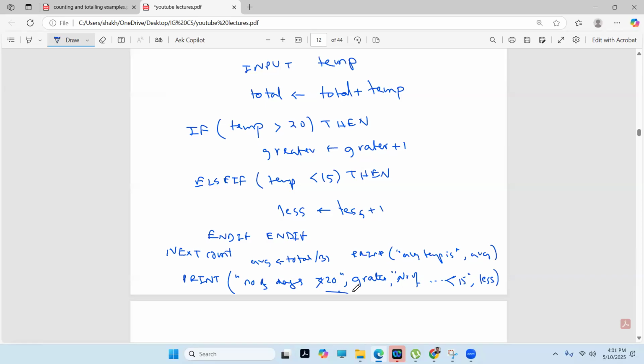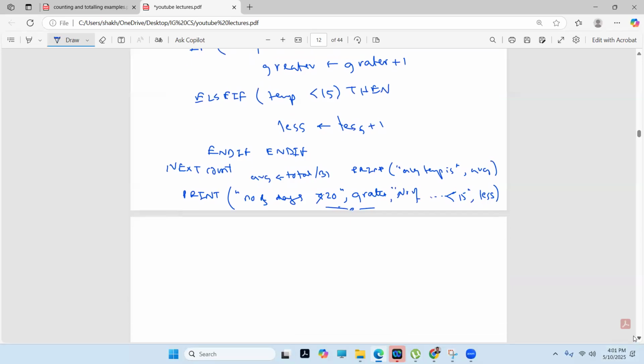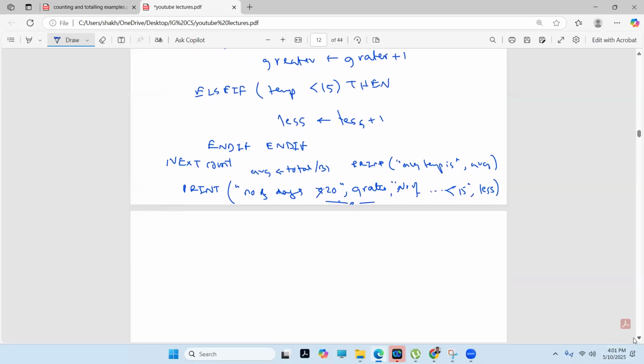Okay, so using this question we understand how to combine counting and totaling at the same time.